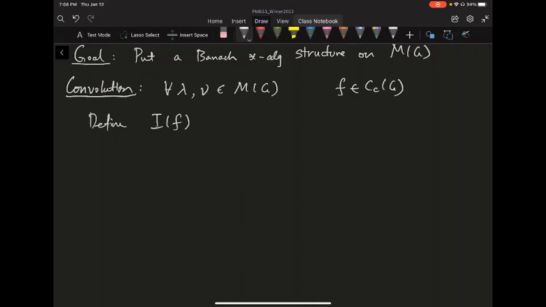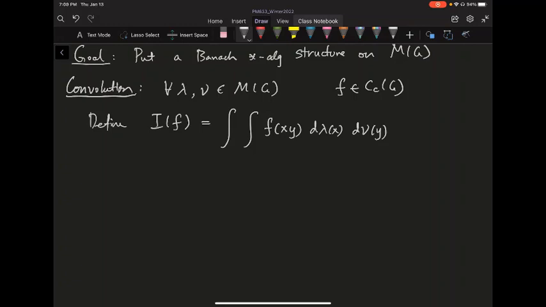So this one, I define it as the double integral of the following. So I integrate f of xy, where I do the first one inside, say, d lambda of x, and I do the second one with respect to d nu of y, okay?